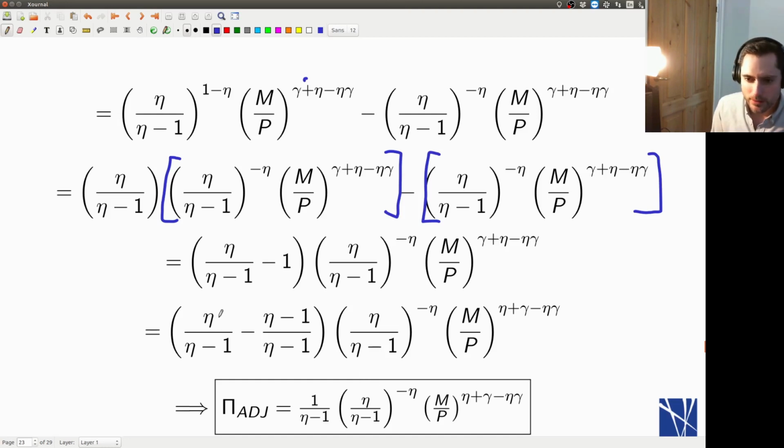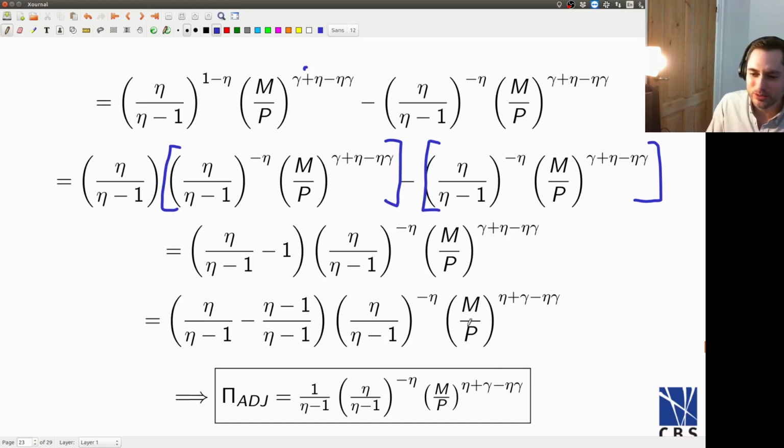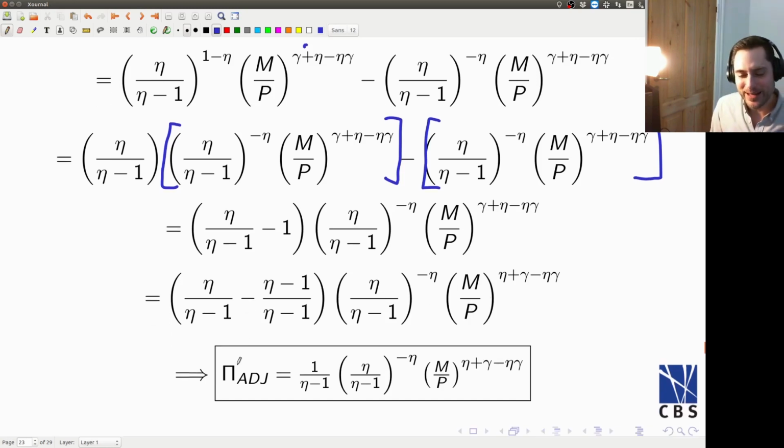Now finally, we can do this little trick. This is hardly a trick at this point; it's just basic algebra. But you can see we get 1 divided by eta minus 1 times this term. That was a lot of algebra to get this optimizing profit if the firm adjusts and no one else adjusts.